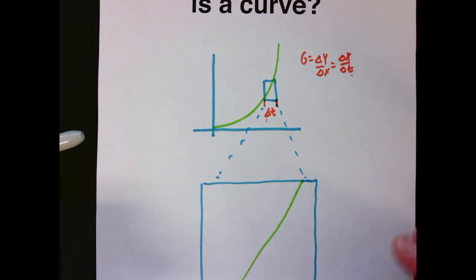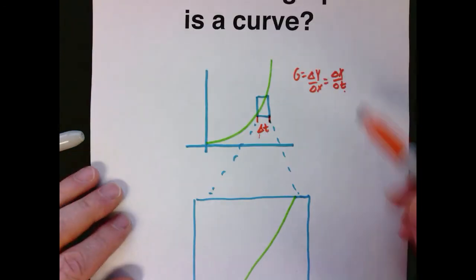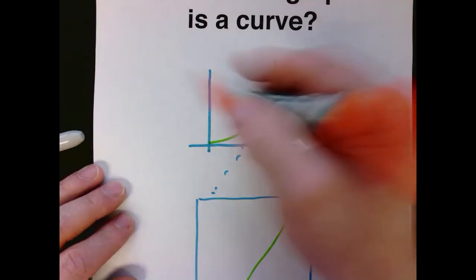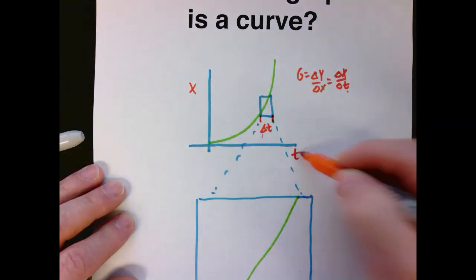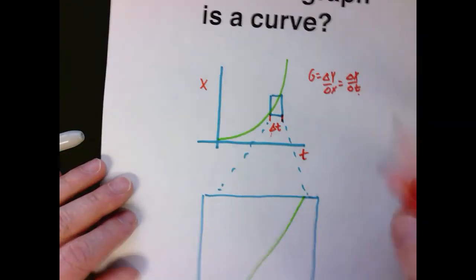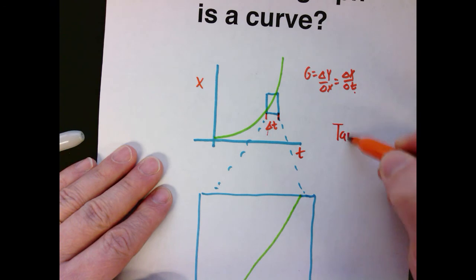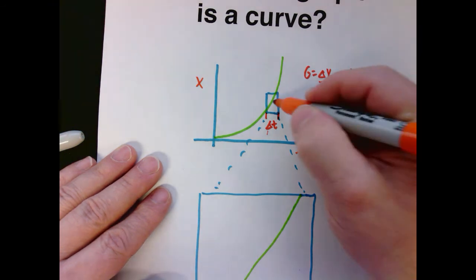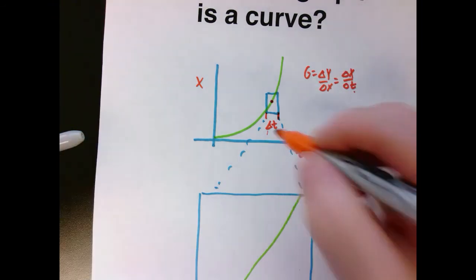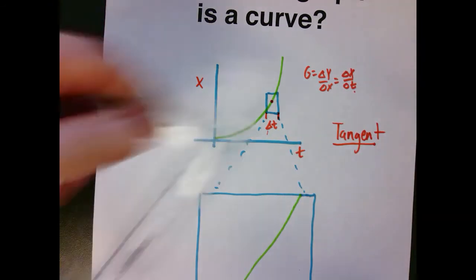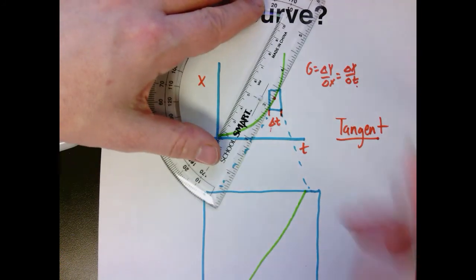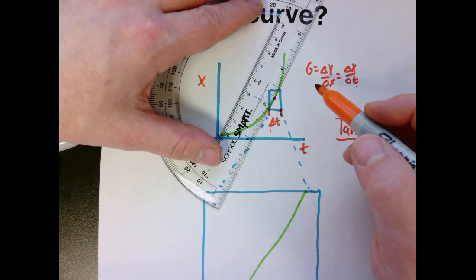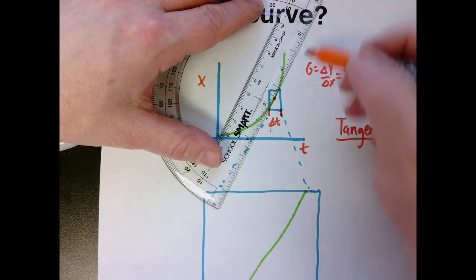However, the simplest answer to how we find the gradient or the speed when we have this position time graph is we look to the tangent. So at a particular time, what we want to construct is a tangent at that point. Tangent being a line that touches the curve in only one spot.